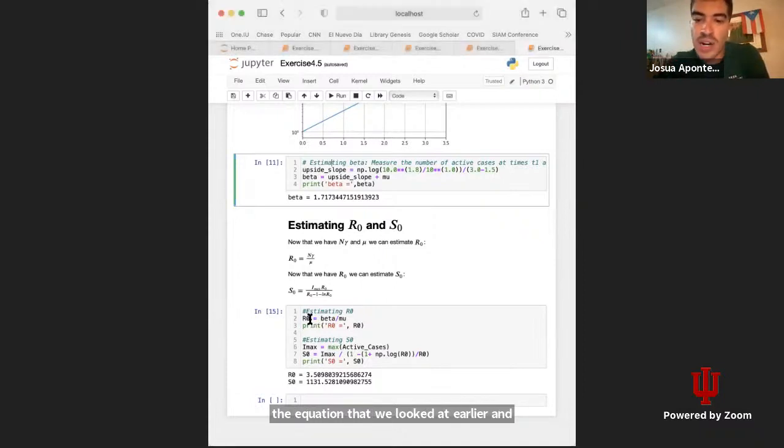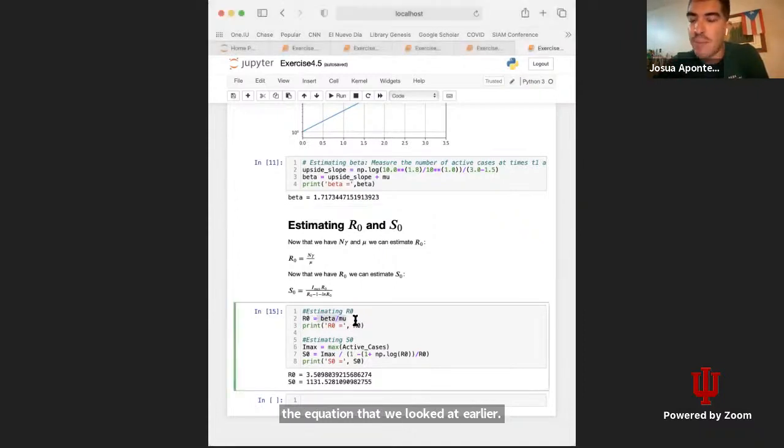To estimate R naught, we just have to divide beta by mu. And to estimate S naught, we look at the maximum number of cases, and then we use this formula, which has R naught in it, to estimate S naught.